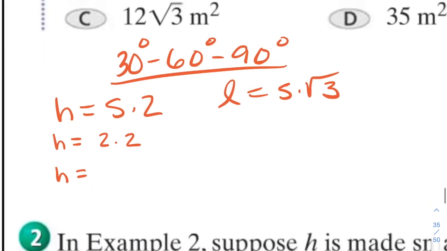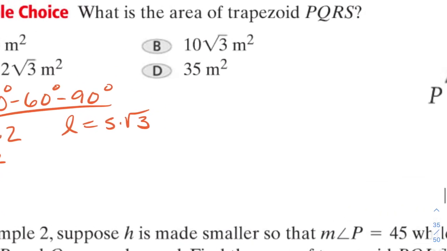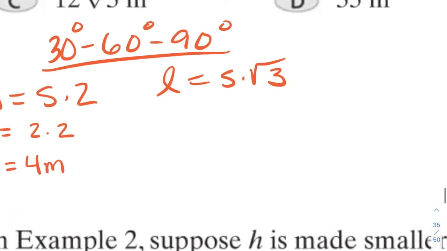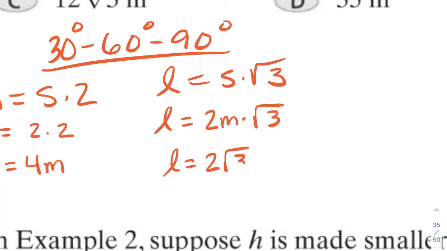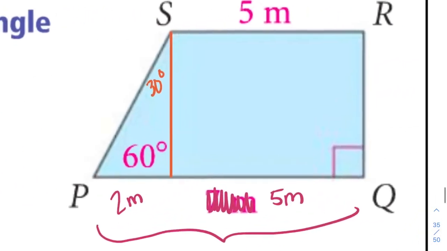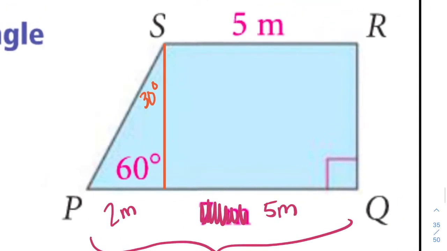I'm going to go back over here. We get 2 times 2 is 4 meters because it was 2 times 2 meters. So we have 4 meters, and then we have L, which is 2 meters times the square root of 3, which is 2 square root of 3 meters.